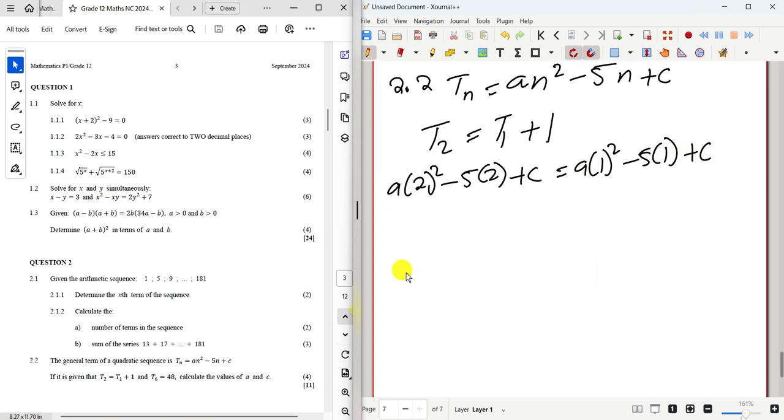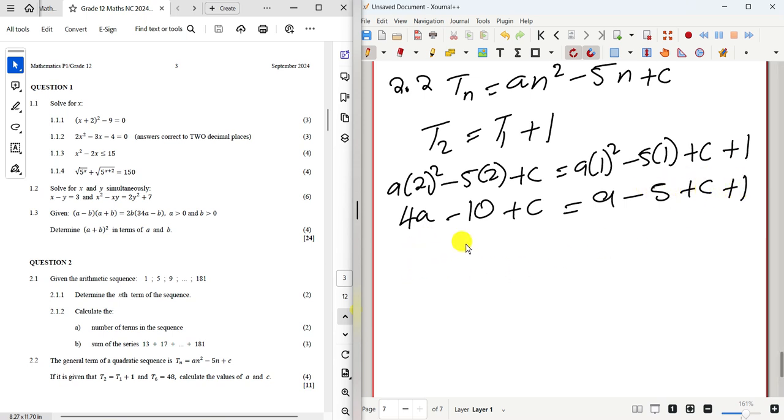Okay, so what is this? This is 4a minus 10 plus c equals, oh, I forgot plus 1, equals a minus 5 plus c plus 1.